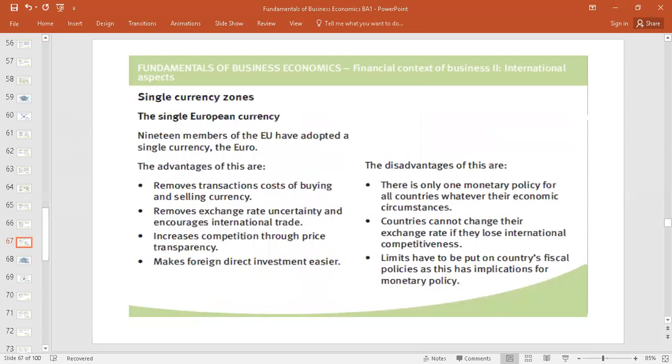Then we see single currency zones. Each country has a different currency, but when a group of countries adopt a single currency, we call that a single currency market. 19 members of the EU have adopted a single currency, the euro.